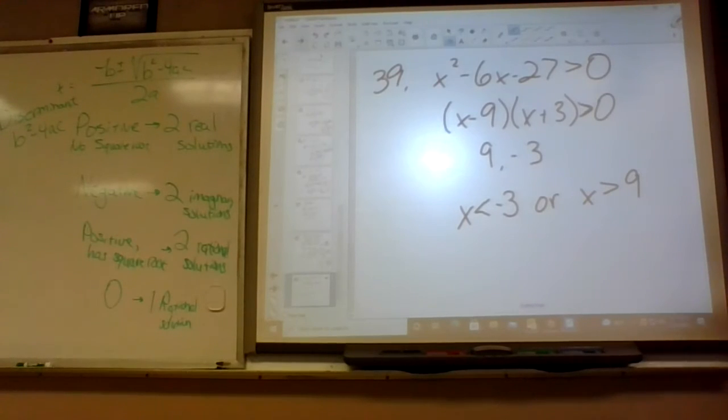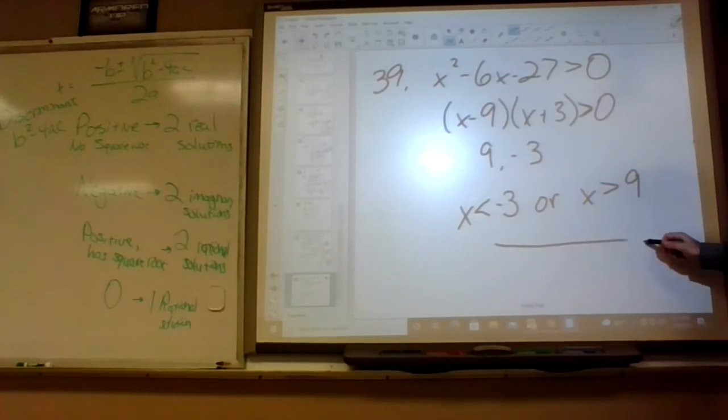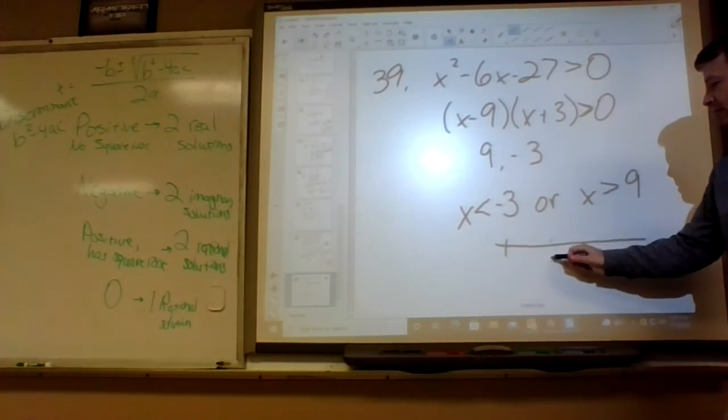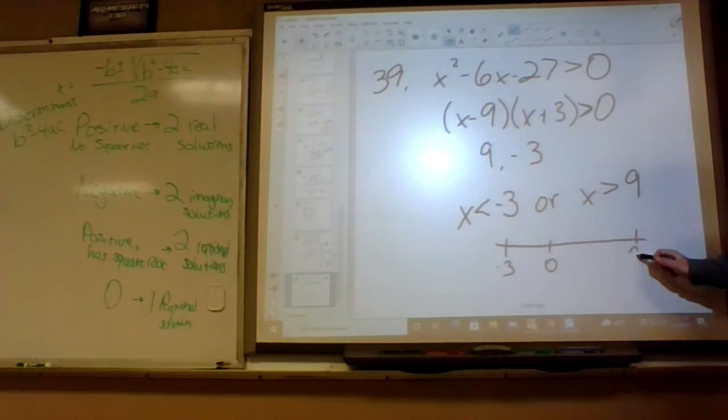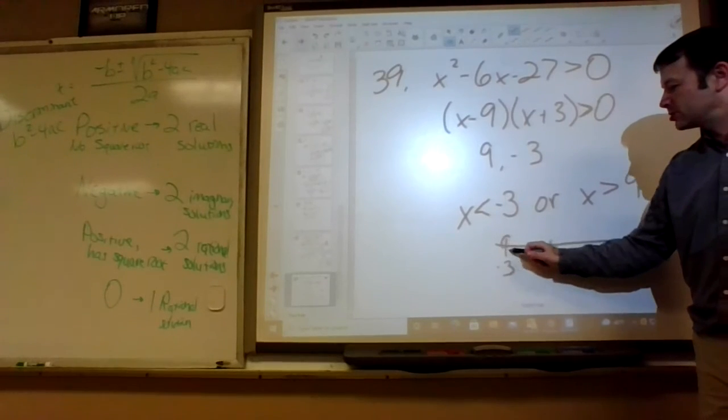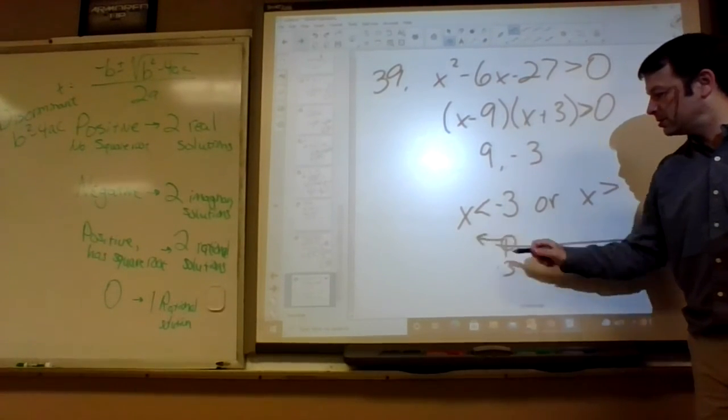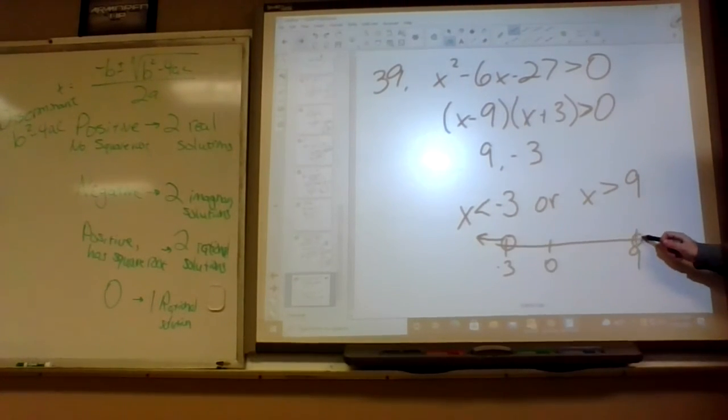Does that make sense? Then we go to graph it. Smaller than the small one, or bigger than the big one.